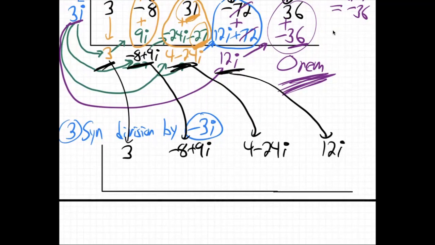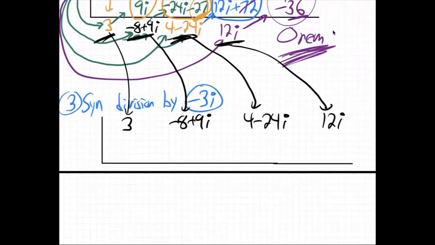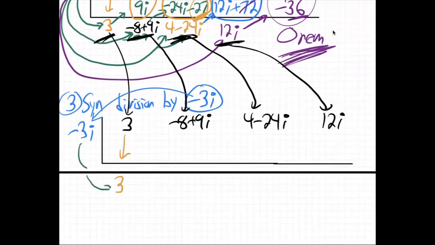Okay, this is a long problem. All right, what's going to go out here is the minus 3i. Here we go. Bring it down, 3. All right, let's multiply that. Minus 3i times 3 goes over here to be minus 9i, right?